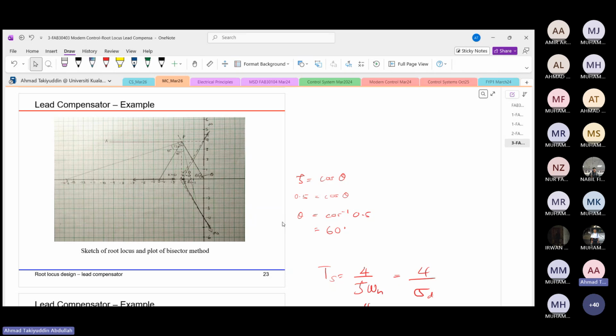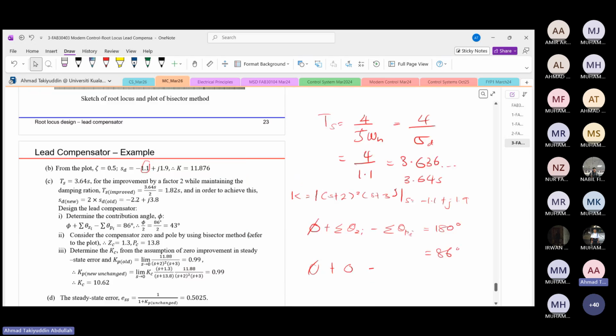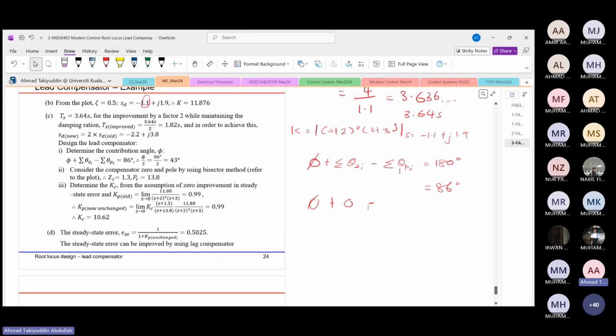You can just use your protractor to measure the poles angle, as well as the zero angle if you have one. But in this case, you only have the poles angle.